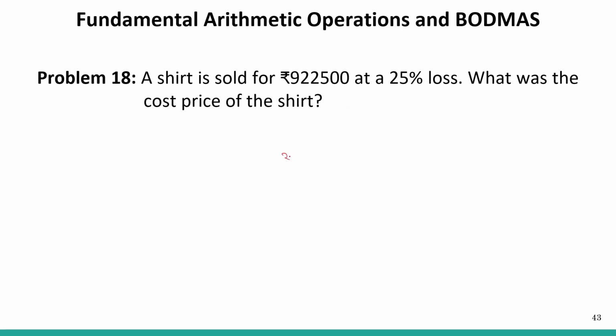So selling price is equal to original price minus discount. So discount, original price is unknown. So let it be X minus discount is equal to 25%, so 0.25 into X. This is equal to 922,500.